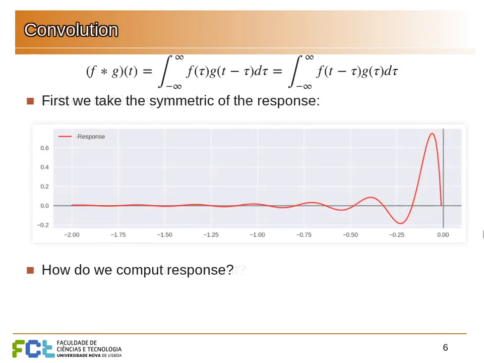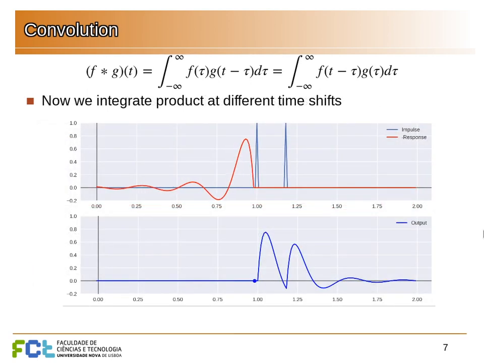We can do this by taking the symmetric of the response and then doing the convolution here. So we can imagine that we are changing over time the displacement between the symmetric of the response and the impulse we gave there, and we are computing the integral of that for each instance. So this gives us the convolution as a function of time as the integral of those two things.